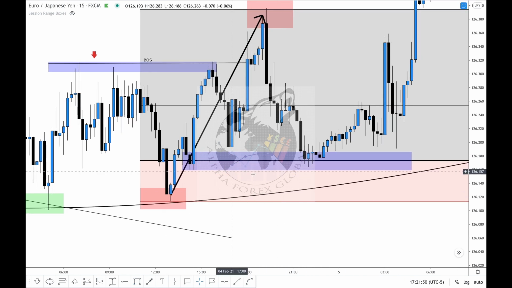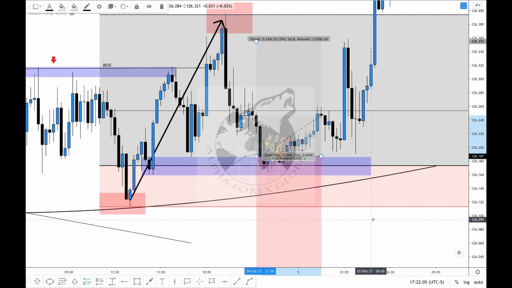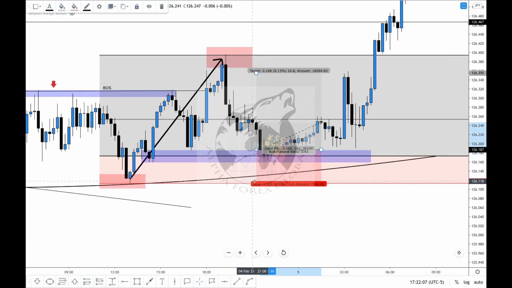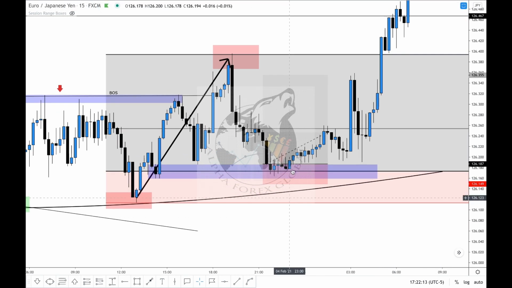But once your stop loss is 5 pips or less, if you see it on a 15-minute or 5-minute time frame, then there is no need for lower time frame refinement, right? So here, extended below, we have a 3.8 pip stop. A 3.8 pip stop is good. We don't need to refine this, right?